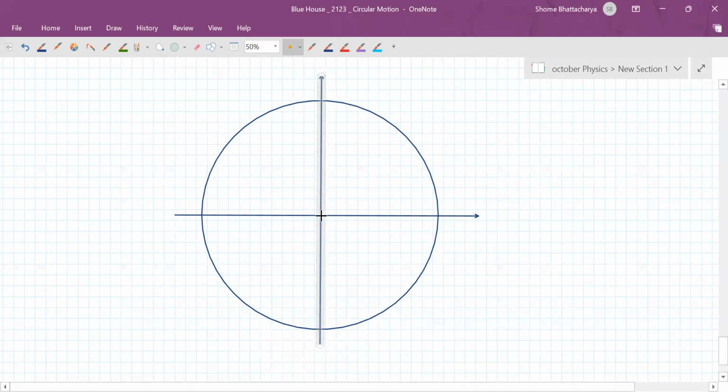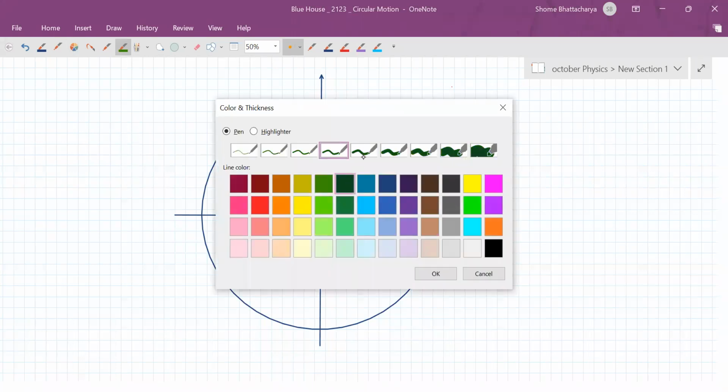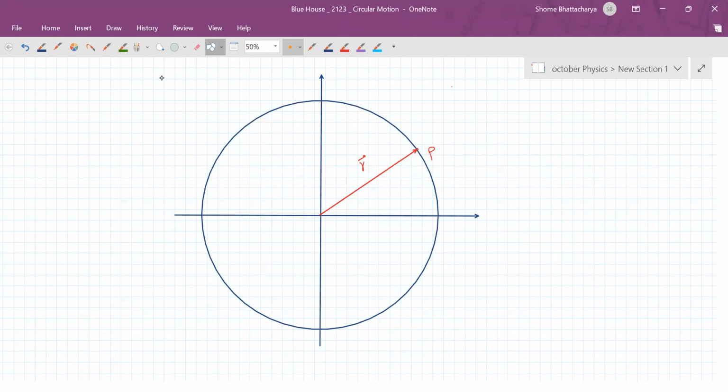So for a particle at an instantaneous position like this at some point of time, the acceleration in general will become a vector which is in some random direction like this.